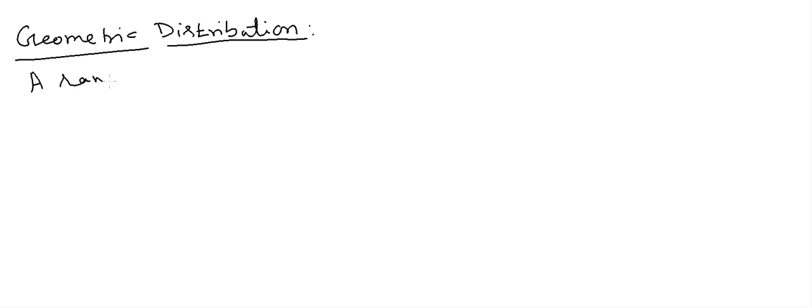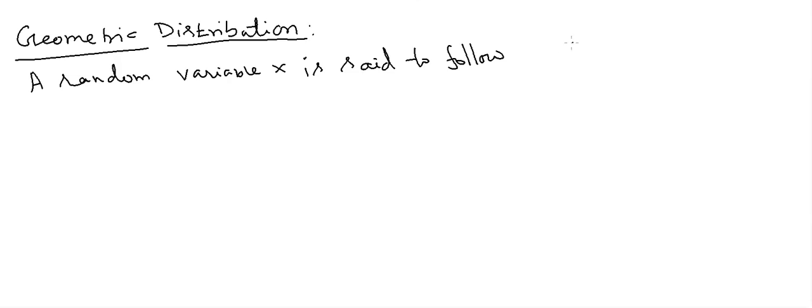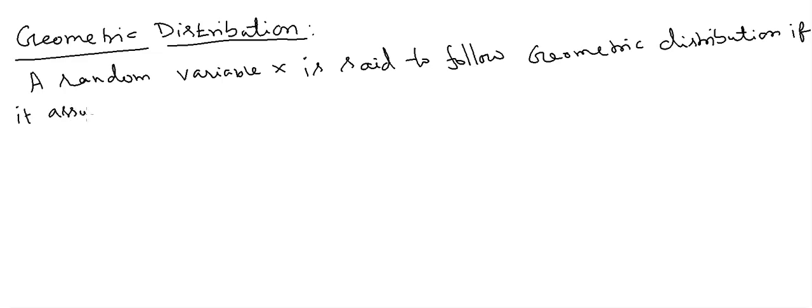A random variable capital X is said to follow geometric distribution if it assumes values, and its probability mass function is given by.